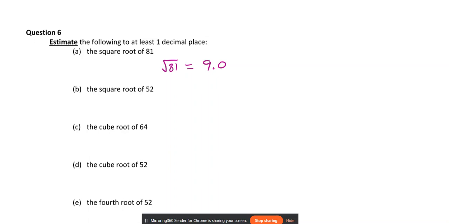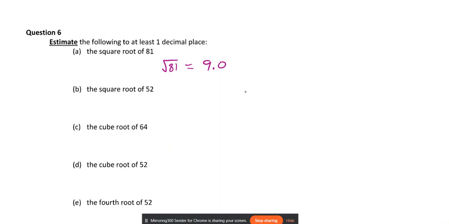Okay, the square root of 52. How can we figure this out without a calculator? I'll give you a hint. I'd probably look at it like this: the square root of 52 is 7 point something, right?